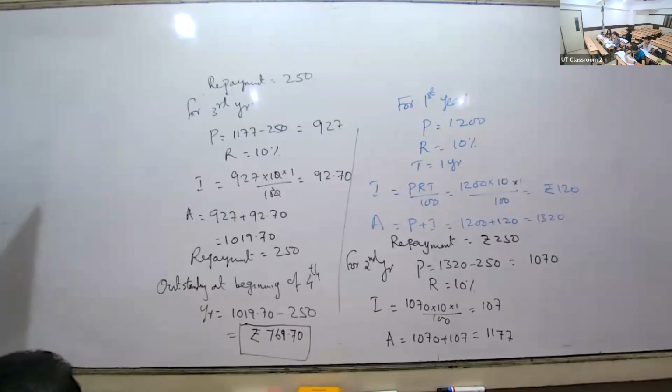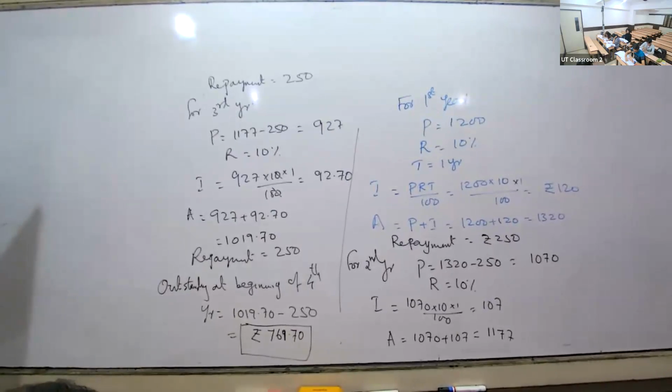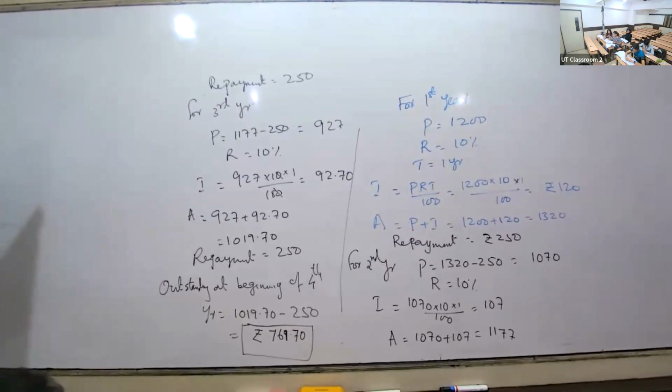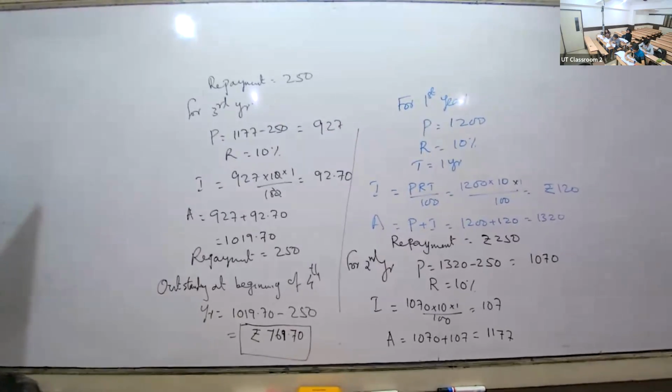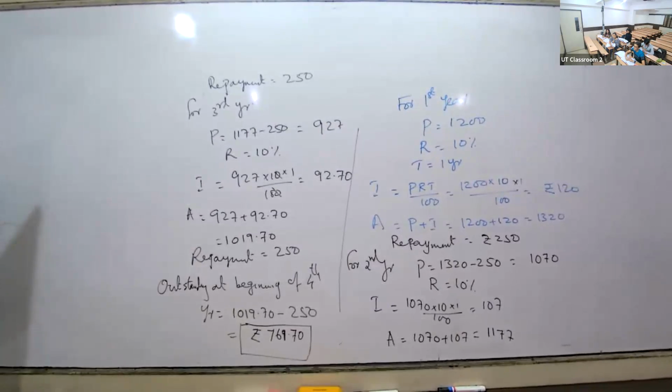Okay, next question. Dhruv, read question number 6. Indian banks would be 75,000 at compound interest for 3 years. If the rate of interest for the first 2 years is 15%, and then for the third year it is 60%, calculate the sum he will get at the end of the third year. That is a direct question. Only the rate of interest in the third year will change.